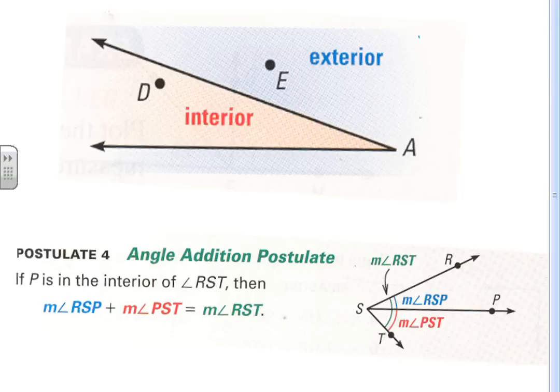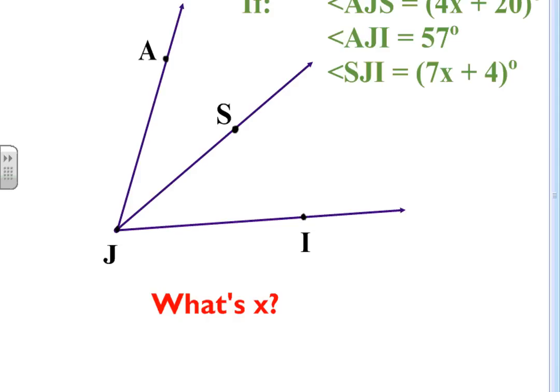So let's do an example using the angle addition postulate. Let's use this given information and write it right on the angle so we can see if we can come up with an algebraic equation to help us solve for x. So AJX is 4x plus 20.